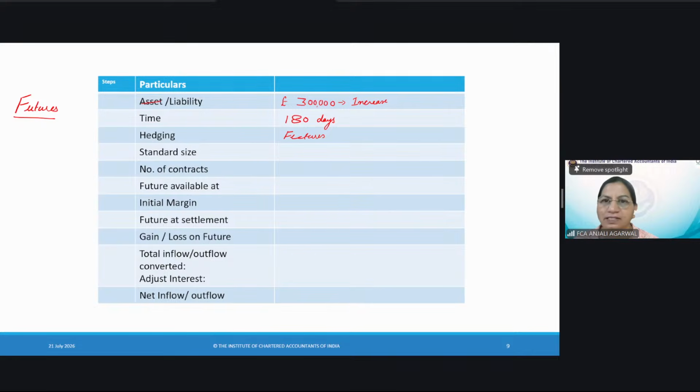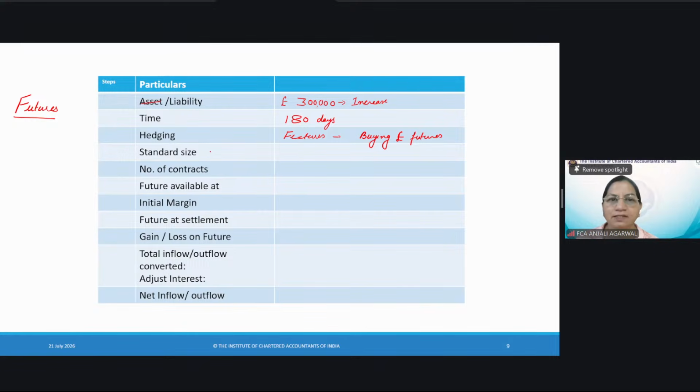So if the price is less today, you end up buying pounds futures. So what is the hedging technique you use when you have a liability? You buy the foreign currency futures. If the futures are not available on pounds, but are available on dollars, you will sell dollar futures.